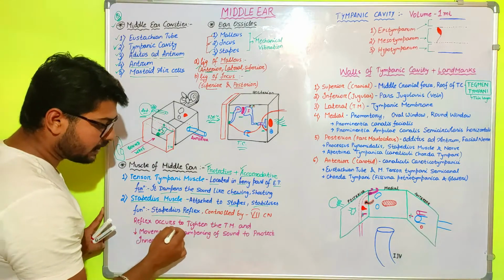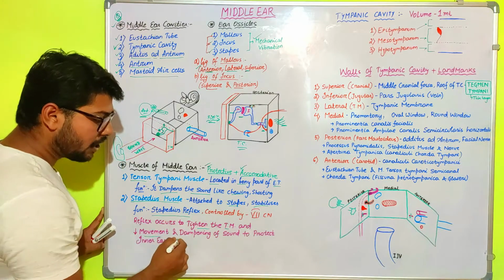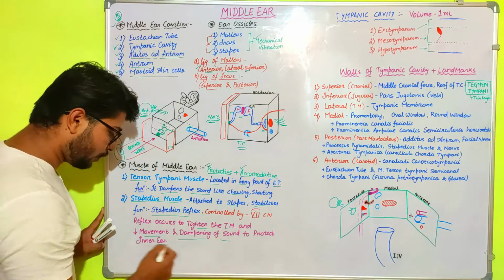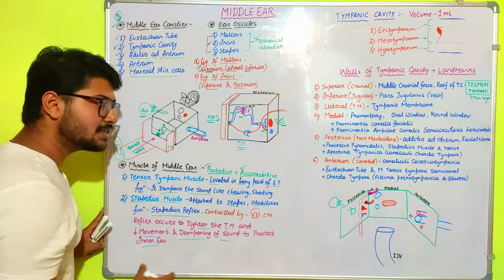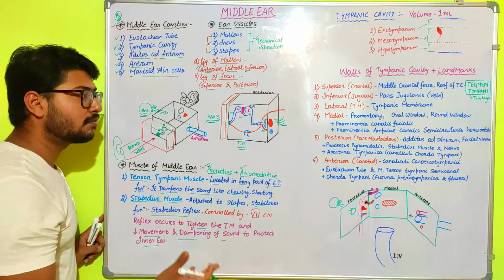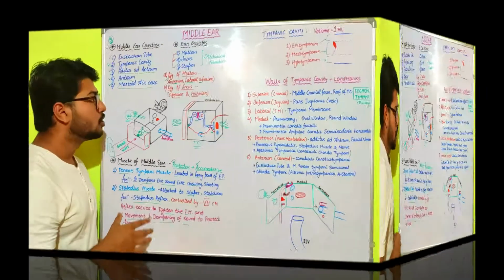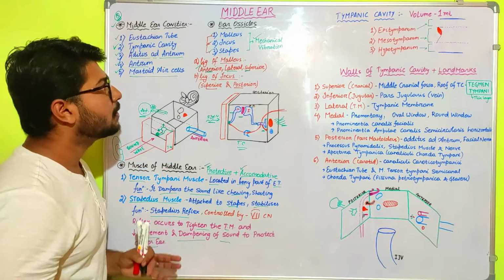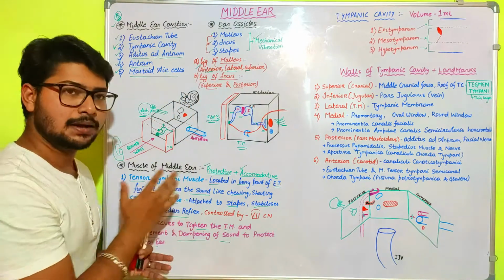The reflex that occurs to tighten the tympanic membrane and decrease the movement, or dampen the sound, to protect the inner ear. Okay, it's simple: it protects the inner ear from excessive mechanical vibration. So this was all about the middle ear contents: cavities, ossicles, malleus and muscles.